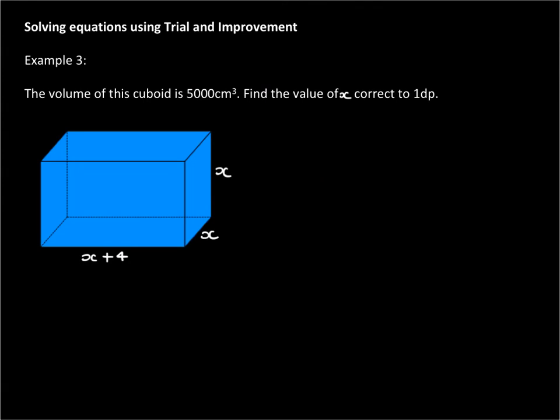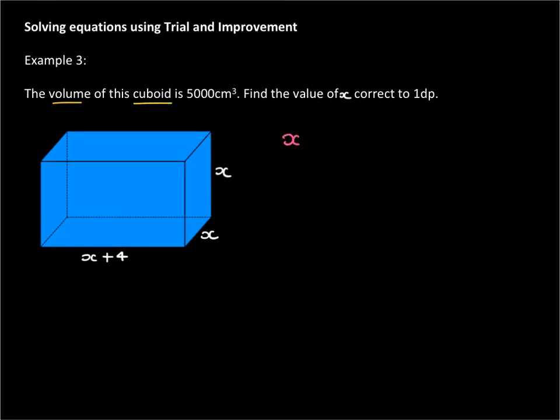So the volume of this cuboid is 5,000 centimetres cubed. Find the value of x correct to 1 decimal place. So where's the equation here? Well, we've got to set it up ourselves. So what do we know about volume of a cuboid? Well, it's very easy to work out from the information we've got.